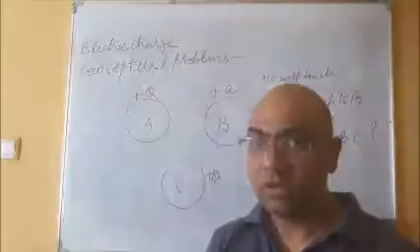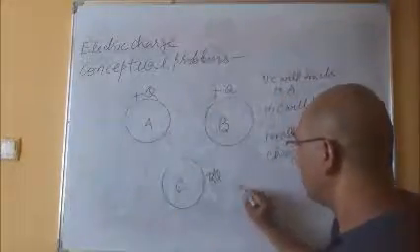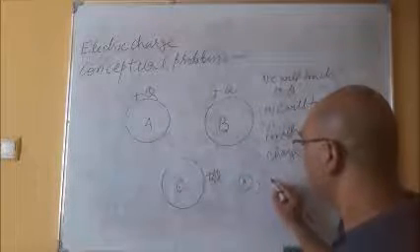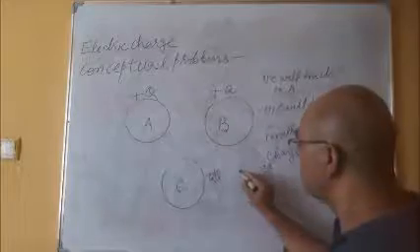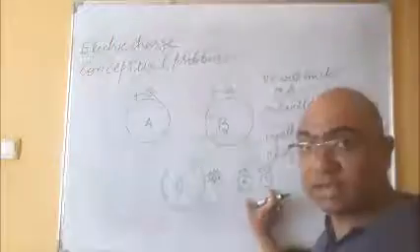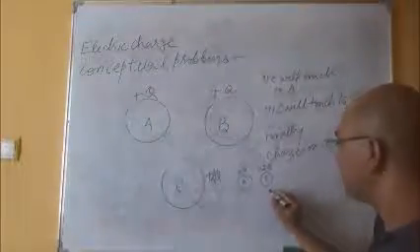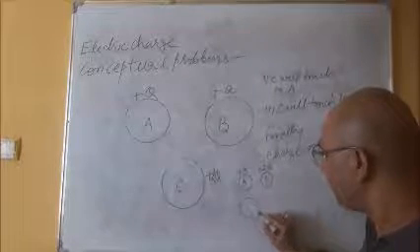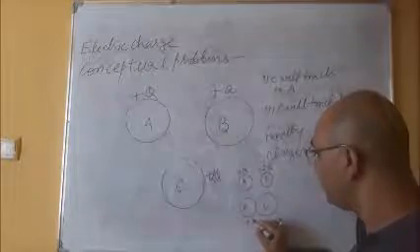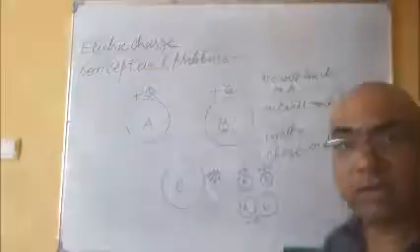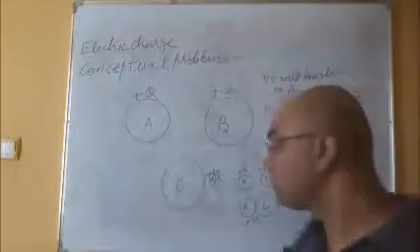And now when we are separating sphere A and sphere C, this plus 3Q charge will be uniformly distributed on these two. In the first case, this is A, this is C, so this has plus 2Q, this has plus Q. In the second case, when we put them together, the total charge will be plus 3Q. Now I am separating these two.